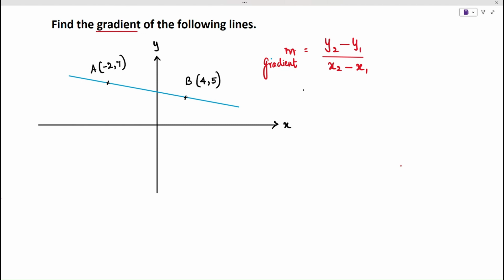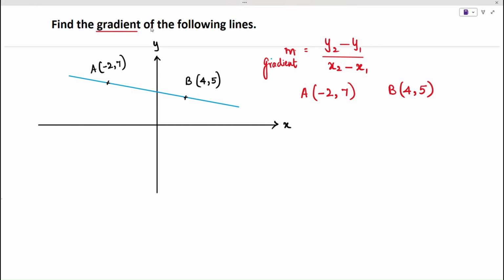The 2's and the 1's here are just a representation of which y value we're going to take. We have our coordinates for point A and for point B. The coordinates for point A are -2, 7. The coordinates for point B are 4, 5.